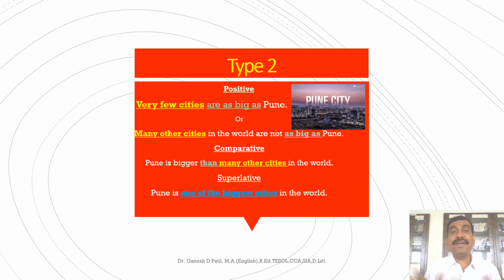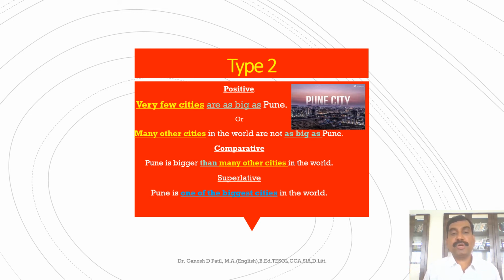Pune is bigger than many other cities in the world. After bigger than, here note that we are taking many other. In some cases, even most other can be taken. The meaning remains same. So Pune is bigger than many other cities in the world.